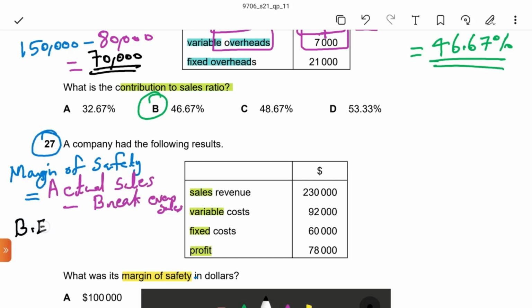Break-even sales is equal to fixed cost divided by contribution margin.